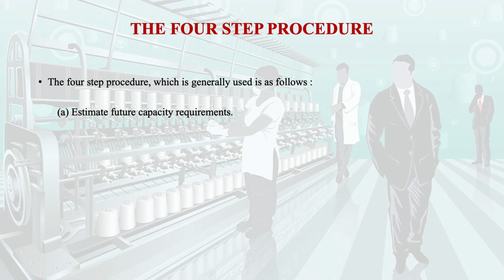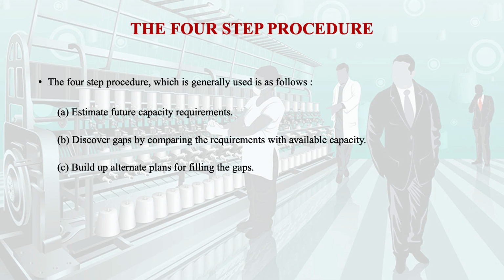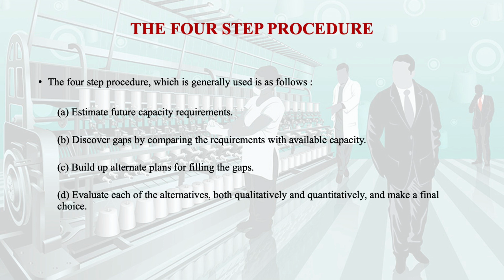These four steps are: estimate future capacity requirements, discover gaps by comparing the requirements with the available capacity, build up alternative plans for filling the gaps, and finally evaluate each of the alternatives both qualitatively and quantitatively to make a final decision or final choice.